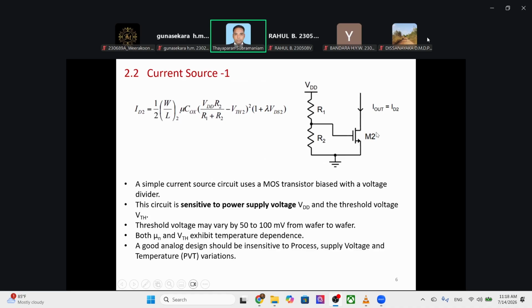But in this circuit, PVT variations of M2 and resistor variations, and supply voltage variation may affect the performance. That's what you should take away from this topic.